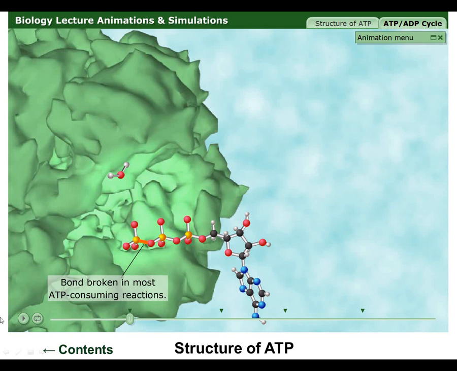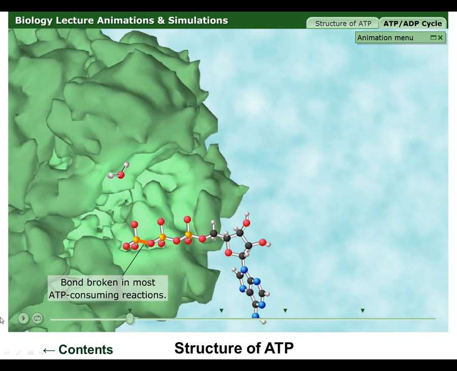Okay. This is looking at, I don't know what enzyme this is, but we can see our ribose sugar, adenosine base, and then we can have 1, 2, 3 phosphate groups on there. In this case, we're going to transfer the phosphate in the little reactive bond.